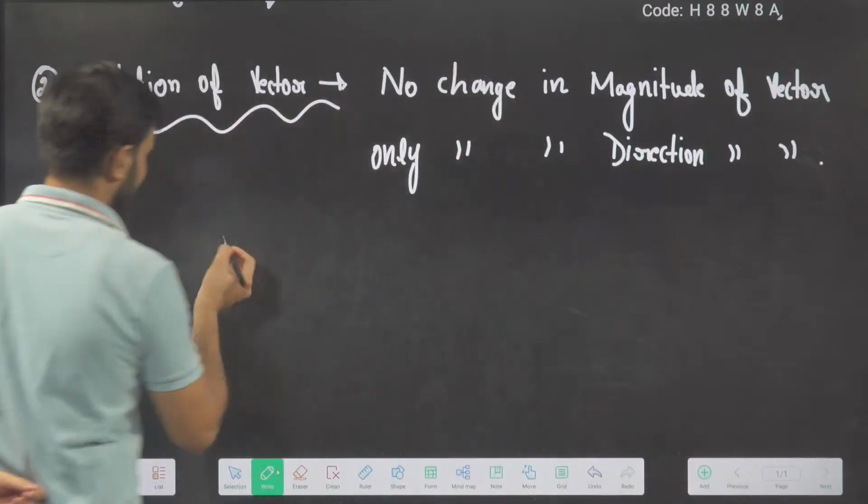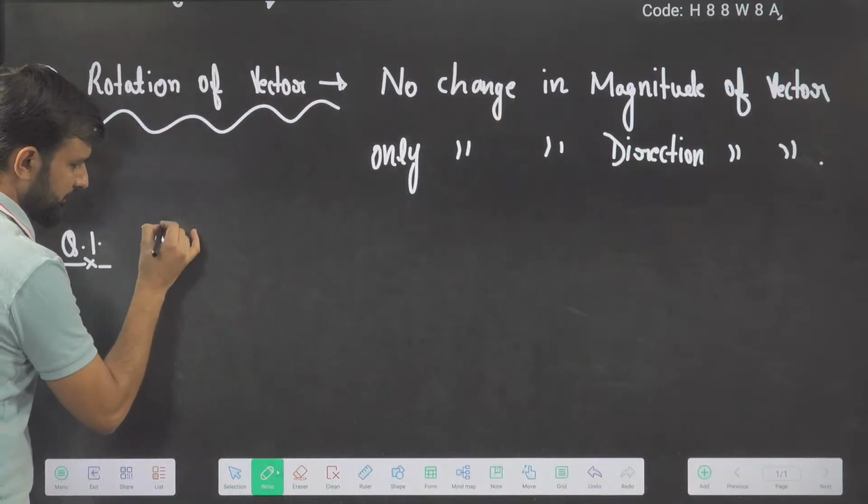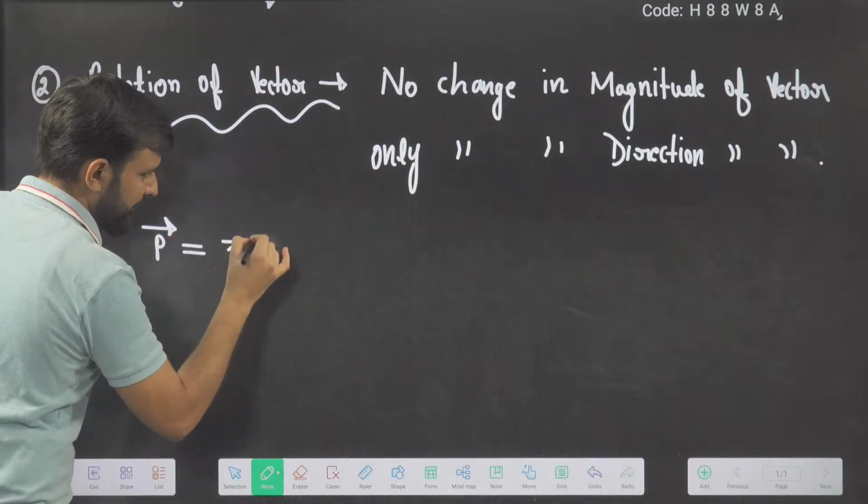You have a vector, I'm writing. There is a P vector and its value is 3 i cap.